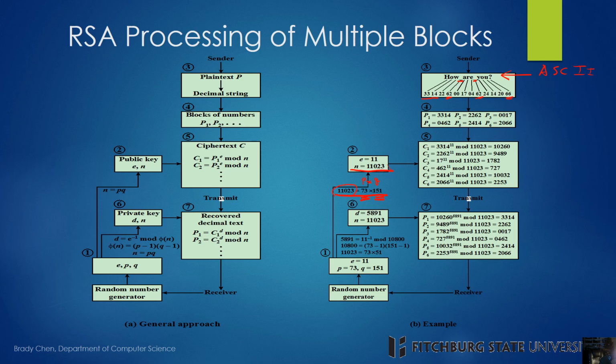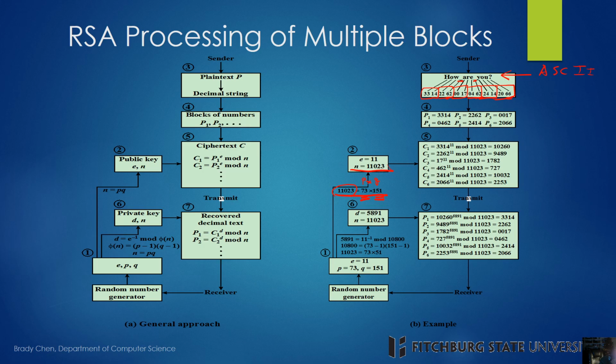That number is definitely bigger than any of these numbers, since it is 5 digits, bigger than any combination of these numbers. So we can combine these two numbers, these two, and these two, and split the whole message into a couple of blocks.